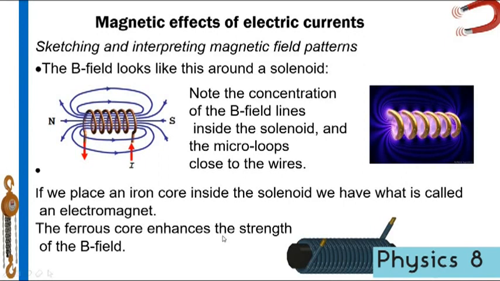Now, in terms of an actual picture of what this might look like in reality, here you can see a diagram of a solenoid in which you have the coiled wire wrapped around, and an iron core inserted inside the solenoid in order to increase the magnetic field strength generated by the solenoid.